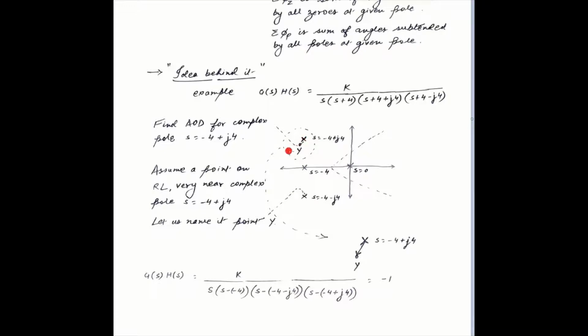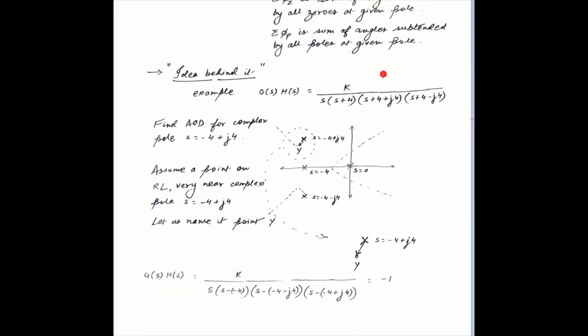I have zoomed this and shown it here. This is the pole s equal to minus 4 plus j4, and from this pole I have drawn a phasor. This is the phasor with its head at point y and tail at this pole. You have to imagine in your mind that this point is very near to this pole.